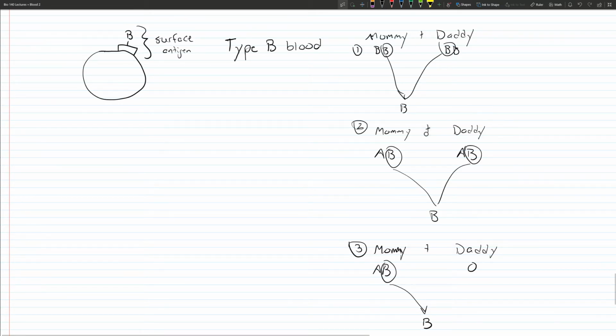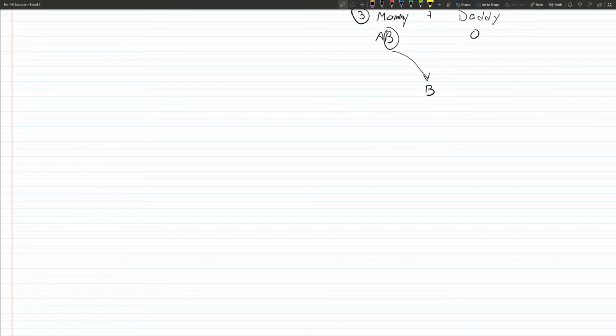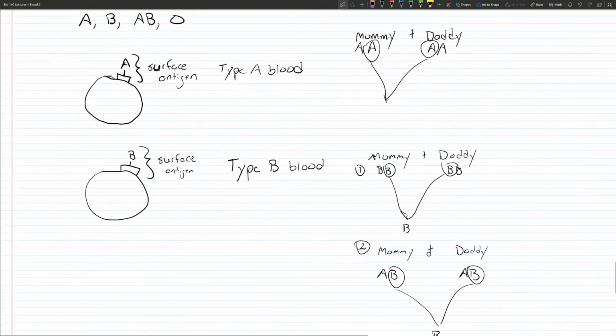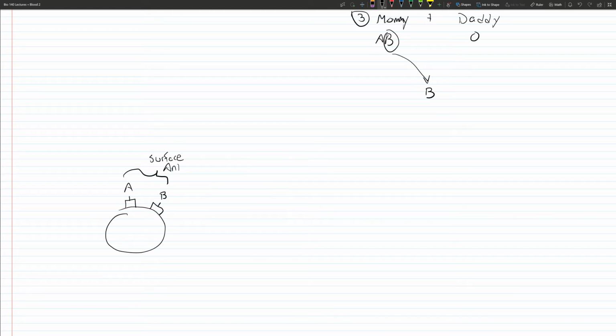So now, we've already done A, we did B, so let's say we have a cell here. You got a surface antigen here that's A, you got a surface antigen here, so B. Oh, look at this, we got 2 different surface antigens. A and B. This means you have type AB blood.